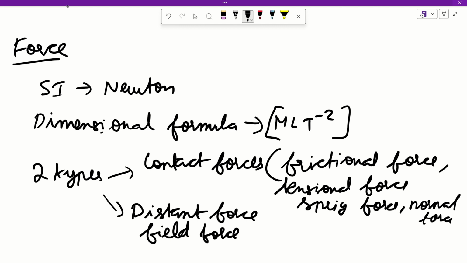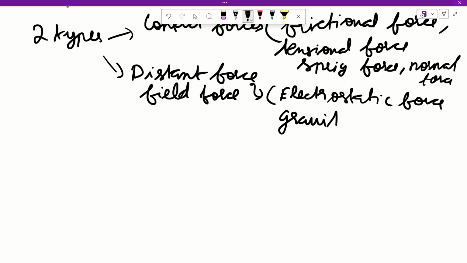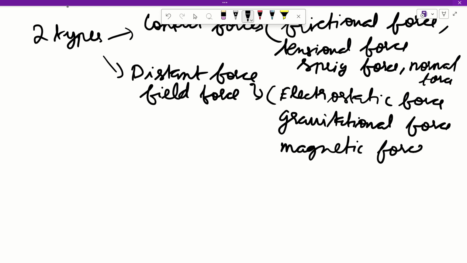Examples of these forces are electrostatic force, gravitational force, magnetic force. Okay, they are distant forces.